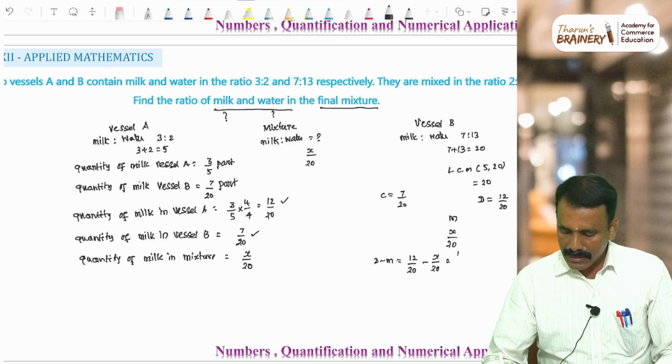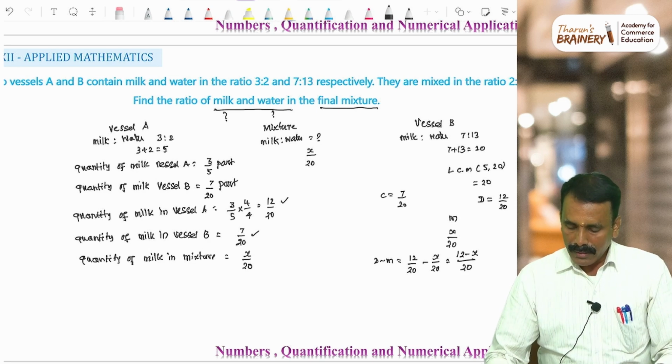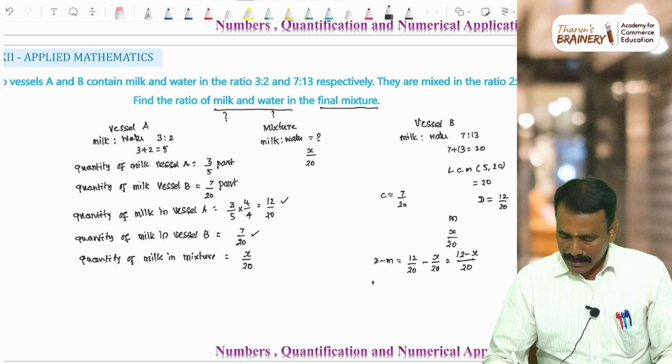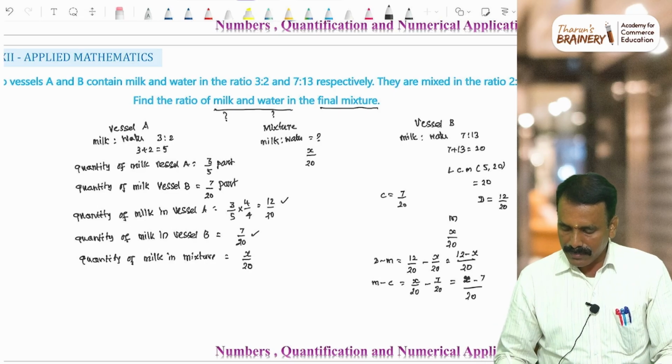So it is 12 minus x divided by 20. Okay. And the next one is M minus C. M minus C will be x by 20 minus 7 by 20. So it is x minus 7 divided by 20.